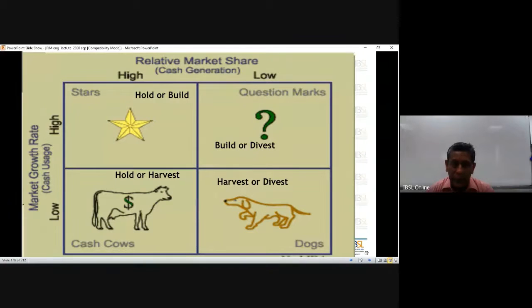Products with high market share that are going to earn more profits can be put into the stars. The products which give more profits to the organization can be put into the cash cows.